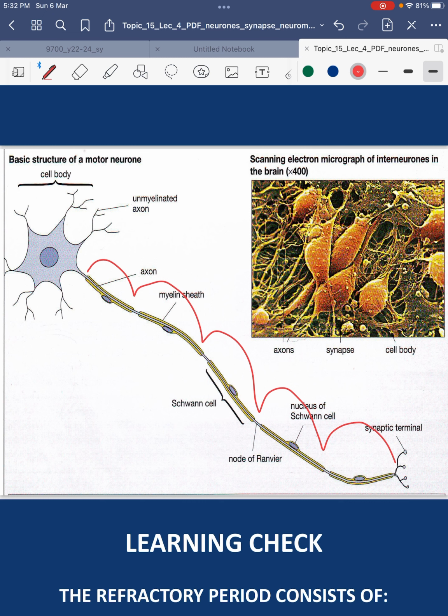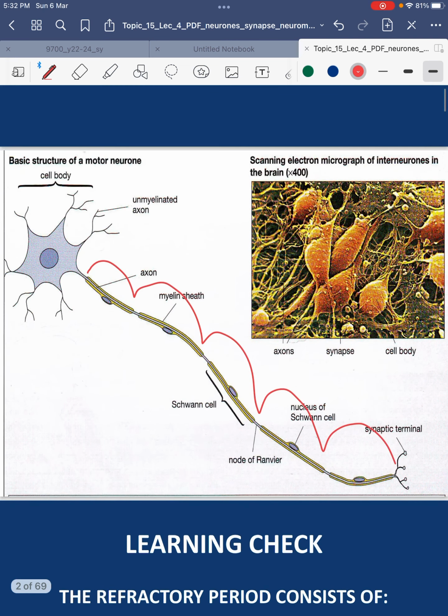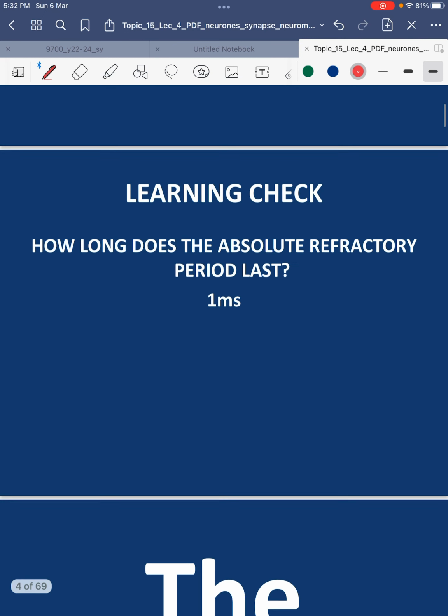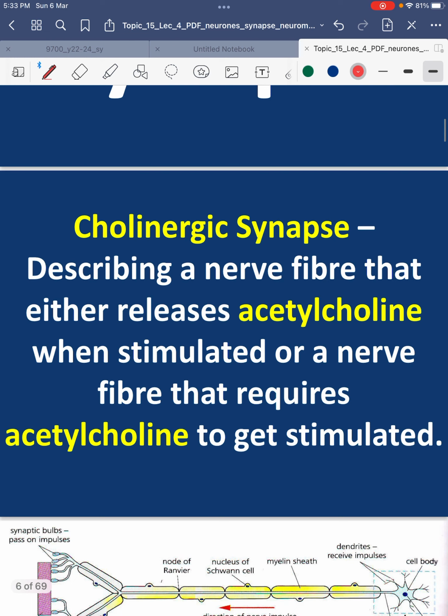You can revise that content from last Thursday's lesson. Today's learning objective is about the synapse, and the syllabus states that you only need to know cholinergic synapse.